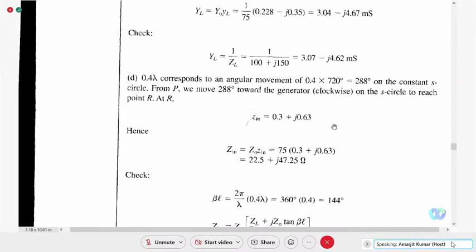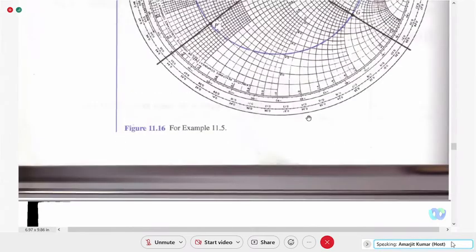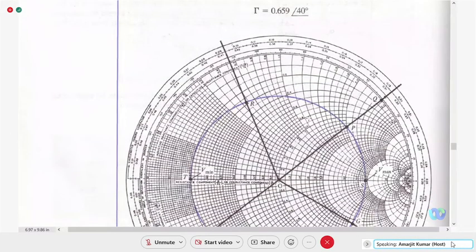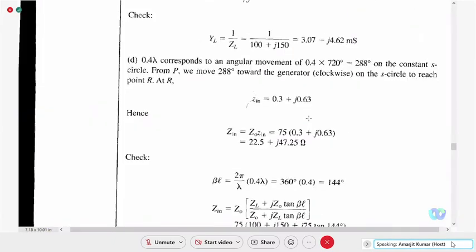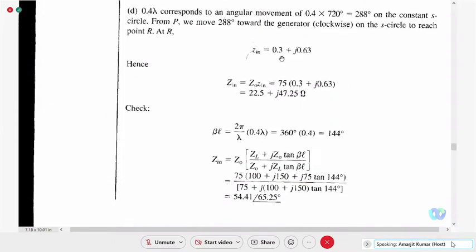Yes, 0.63 is taken, and 0.3 is taken. This is basically 0.3, and I had taken 0.32. Okay, no problem. So now Zn is equal to this.